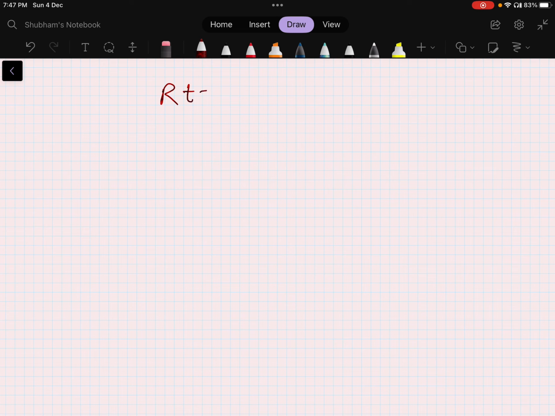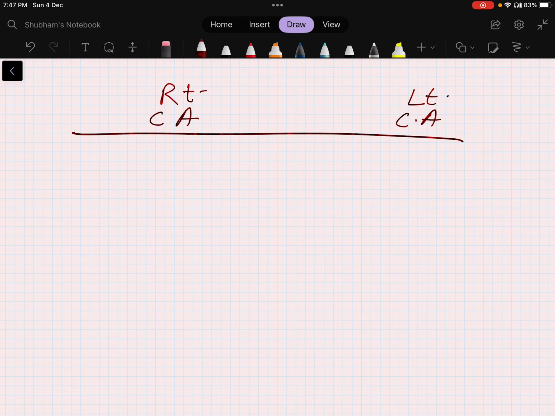Right coronary artery, left coronary artery. Simple: the right one supplies the right atrium and right ventricle, SA node and AV node. So RA, RV, SA, AV, simple.